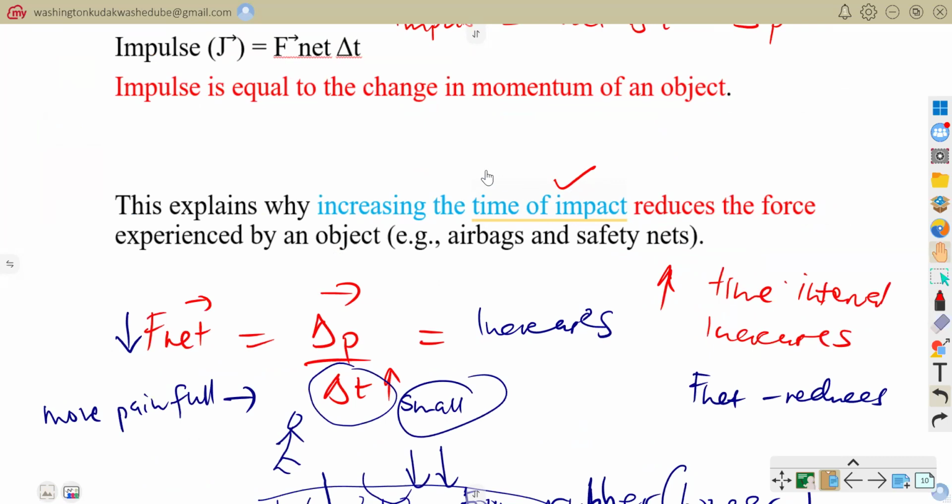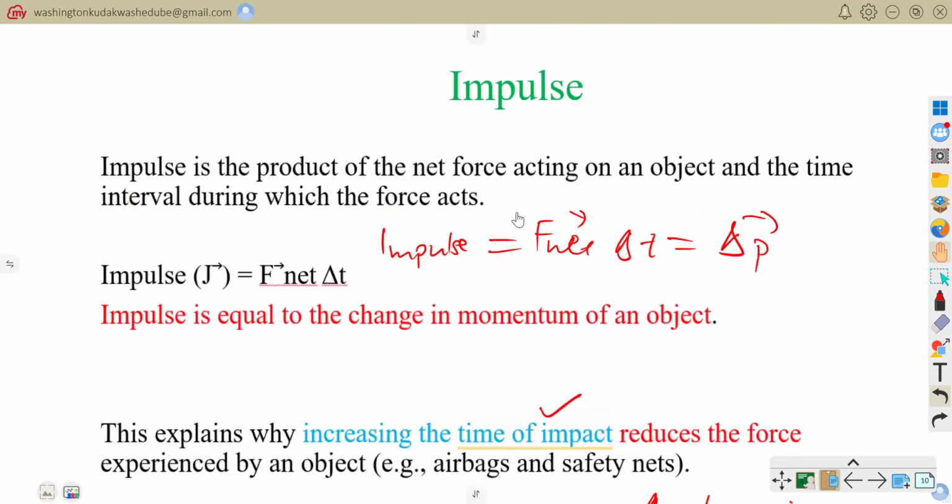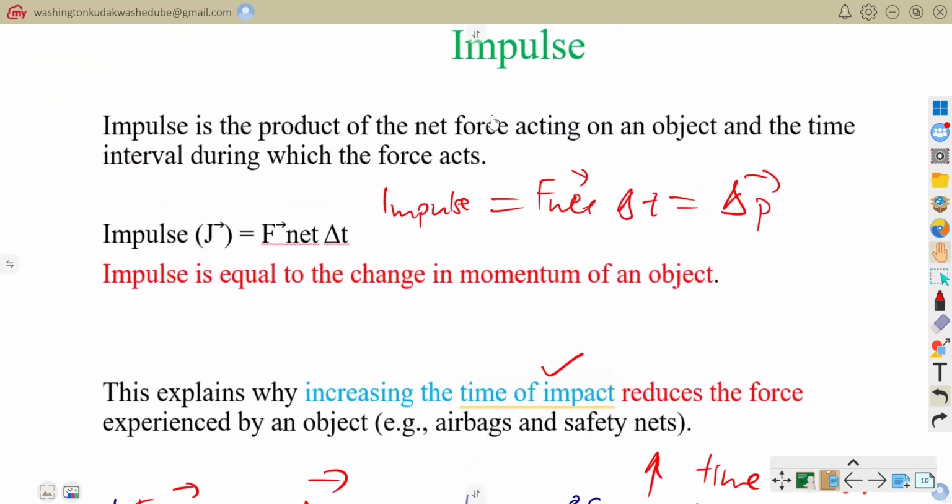So this is how we explain our rate of change of momentum, and this is why it is important to study it. This is how you would explain it using Newton's second law. So impulse helps us to explain why we would need airbags and safety nets.